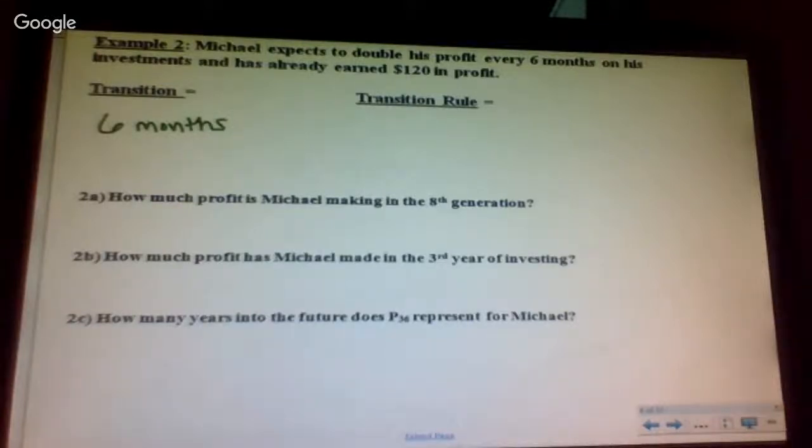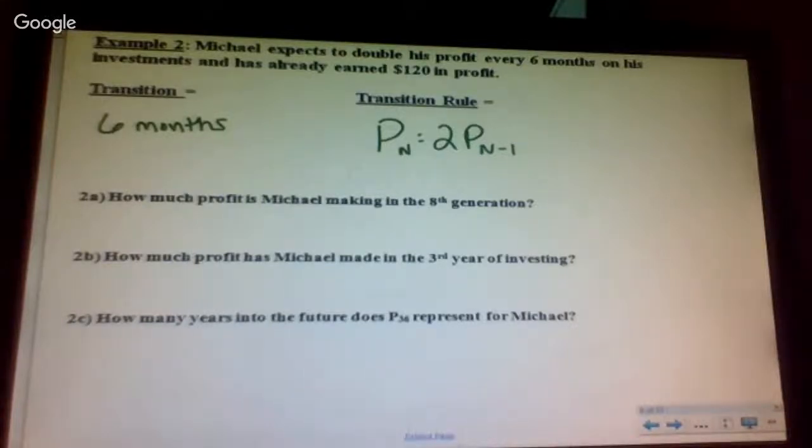So how do I write that in mathematical terms? P sub n equals 2 times the previous number. So whatever I start with, I multiply by 2, and then I take that number and I multiply by 2. So how much profit is Michael making in the 8th generation?